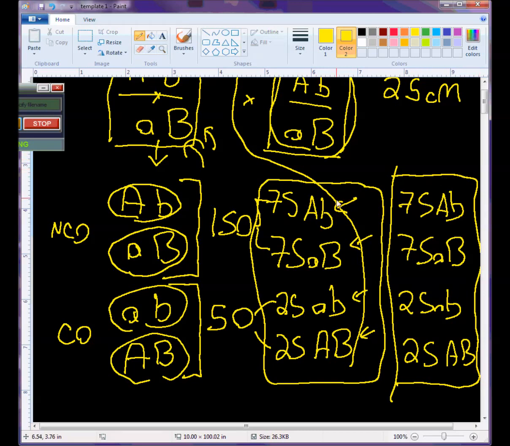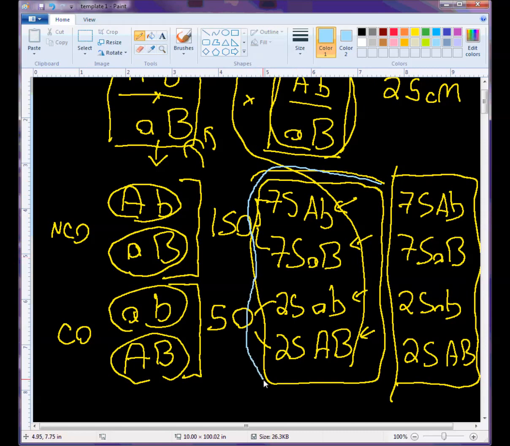Essentially, I think what we're looking at is a giant forked line method problem here. So for example, I'm going to take these guys right here. We know of all the gametes from each individual, 75 are going to be this one, 75 this one, 25 this one, 25 this one.